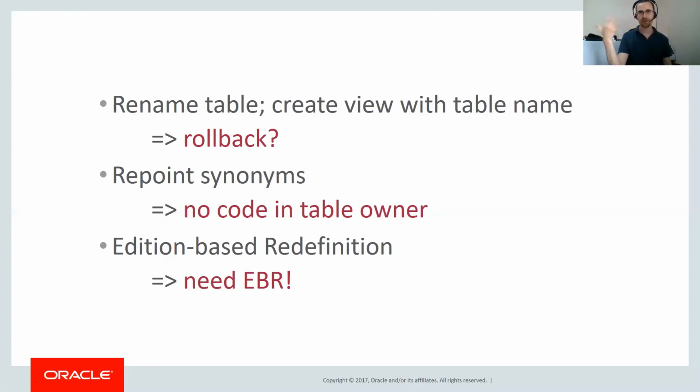So where I used EBR, the goal of EBR is to enable you to do zero downtime releases or patching of your database schema without any outage. So you can change everything while the application keeps running and nobody knows. That's the ultimate goal of it.